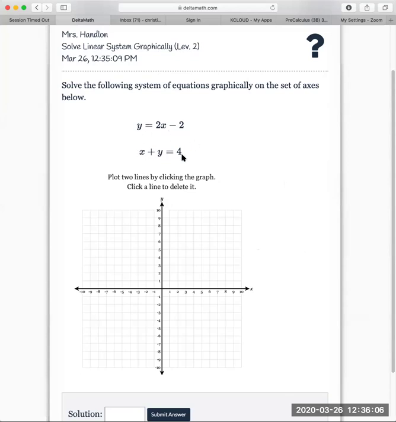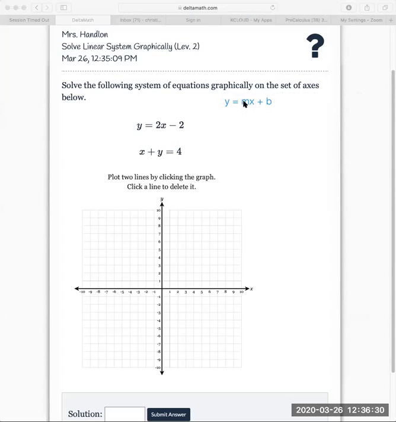These are the two equations, the two lines that we need to plot down here on this grid. So the first thing you guys need to do is make sure you do remember how to find the slope and the y-intercept of given lines. So we need to recall our slope-intercept form of the equation of a line, y equals mx plus b.